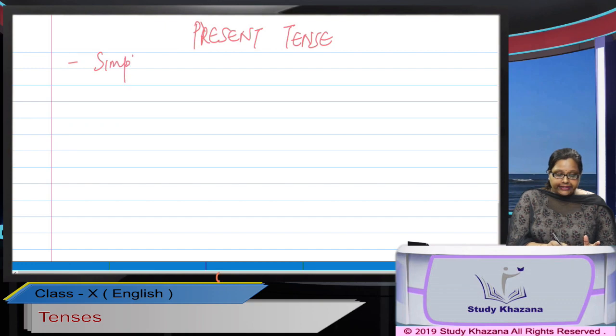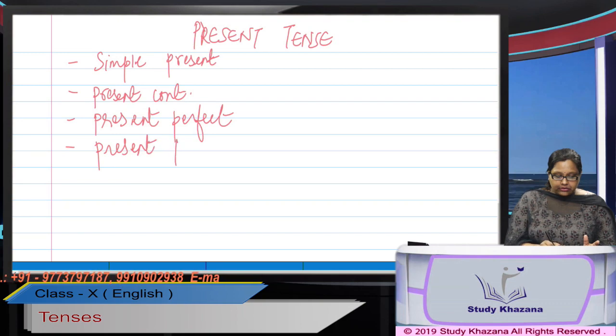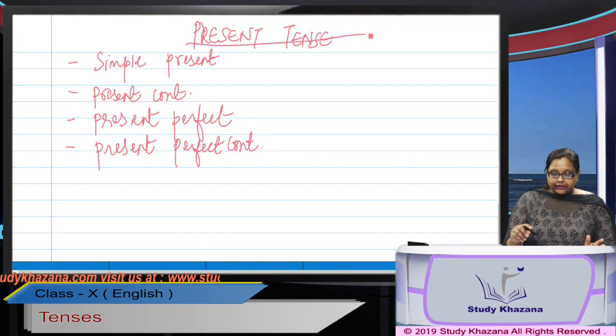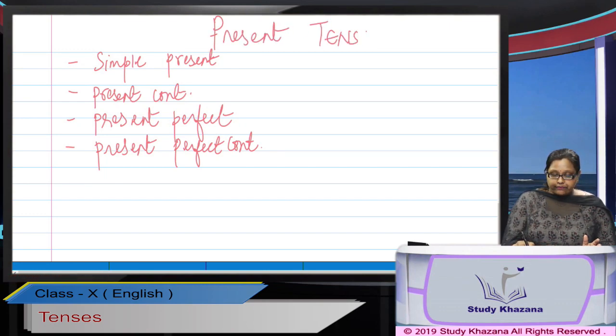To start with, we did simple present, then it's present continuous, then we have present perfect, and finally we have present perfect continuous.